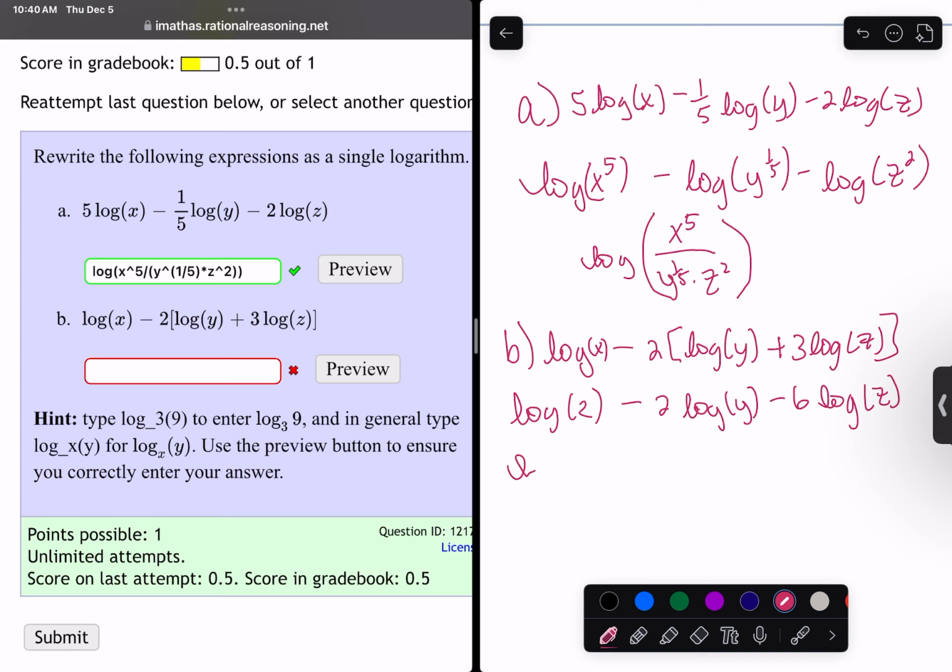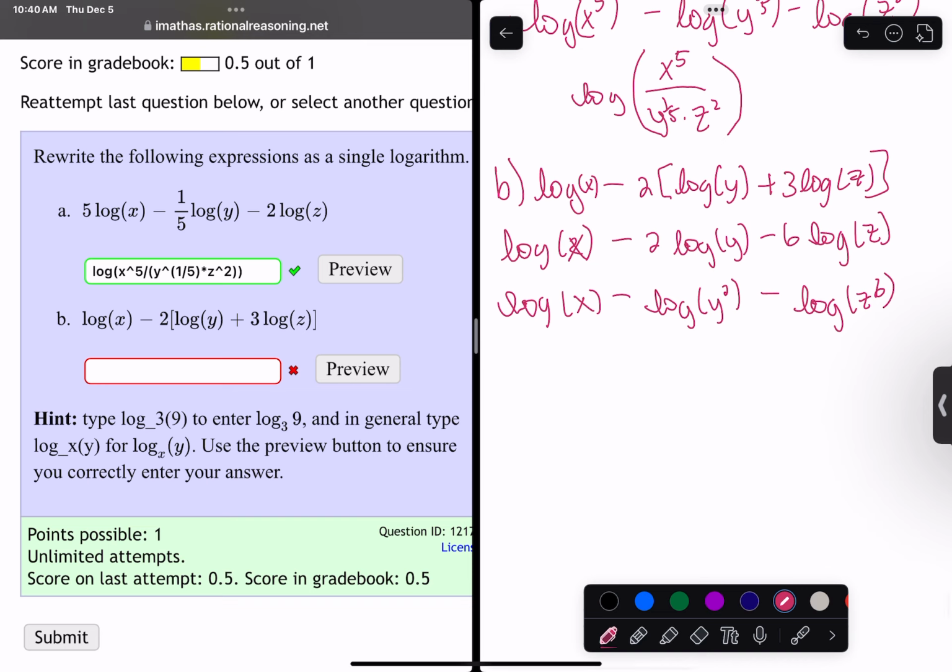We're going to bring our powers inside. Oh my goodness gracious. So this is the log of y squared minus the log of z to the 6th. So our fraction will only have an x in the top. It's going to have a y squared and a z to the 6th in the bottom.